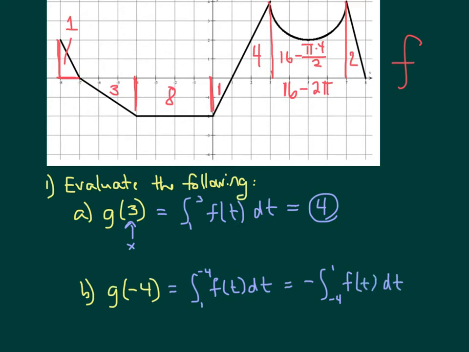All right, so I'm going to go between negative 4 and positive 1. I can see that I had areas of 8 and 1. Those were both beneath the x-axis, so that would have been a negative 9. But because it's already negative, it's the negative of negative 9, so my answer here is positive 9.